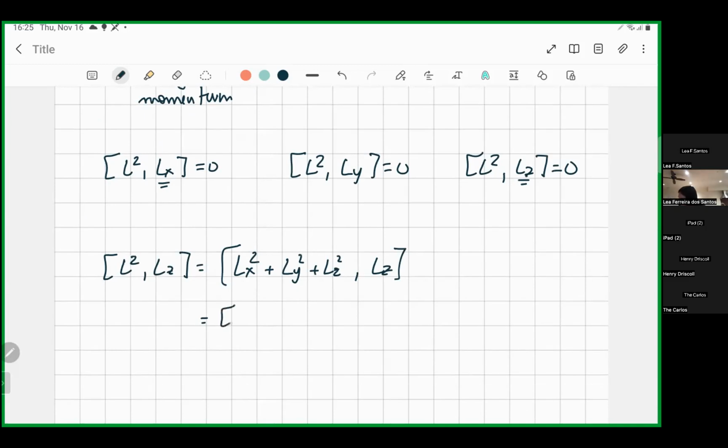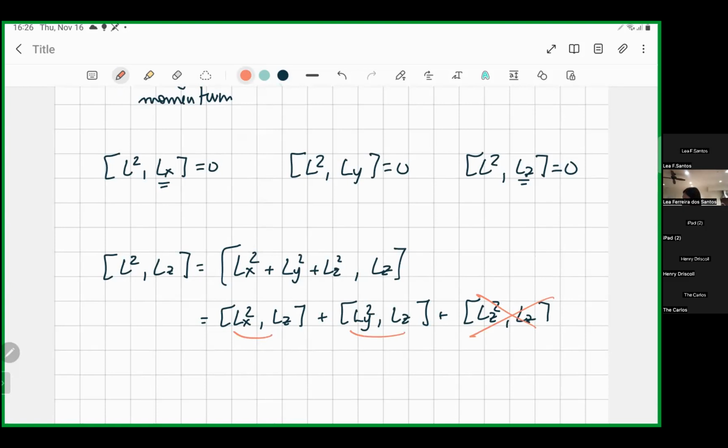So we have Lx square with Lz, Ly square with Lz, and Lz square with Lz. Well, Lz square and Lz commute, so that one is 0. But these other guys, we know they do not commute. These are different directions.